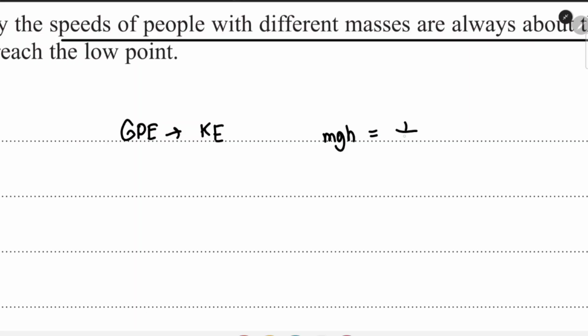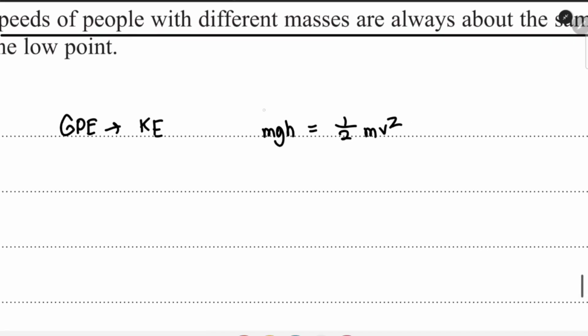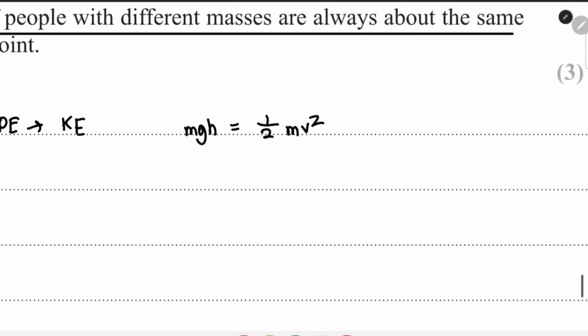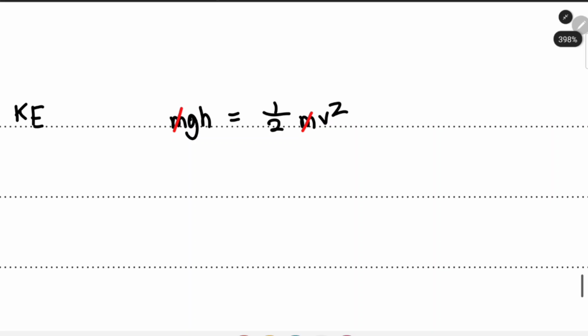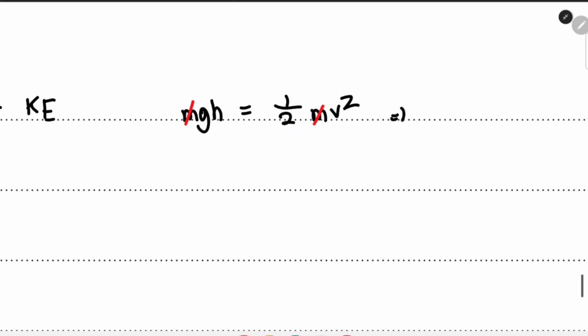The change in GPE is mgh, the change in kinetic energy is half mv squared. So the amount of GPE that's being lost is equal to the KE that's being gained. If you look at the case, this mass and this mass cancel out.